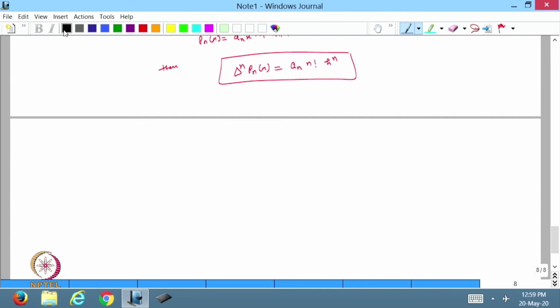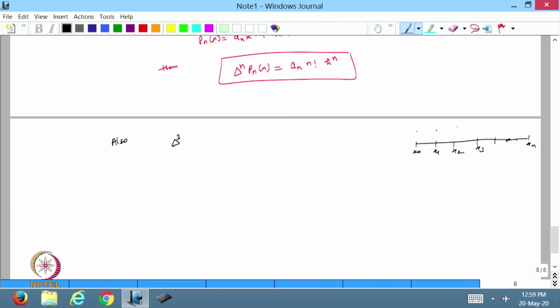Now, we also know that, suppose I have a Δ cube and I want to apply it. Suppose I take the values of the function at x_0, x_1, x_2, x_3 up to x_n. All these values are given to me, and suppose I apply this on any function.